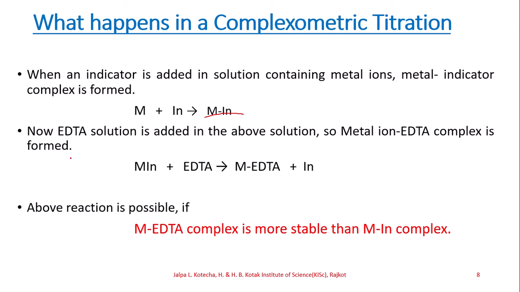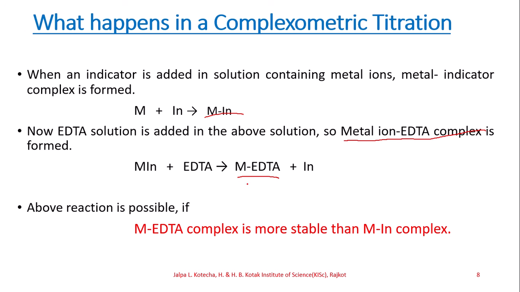Now the important condition is that the metal indicator complex should not be a stable one. Why? Because we will add EDTA from the burette, which gives the formation of metal EDTA complex, which is actually the amount of the metal ion utilized. So finally we get the metal EDTA complex.